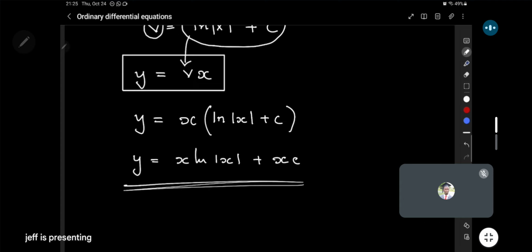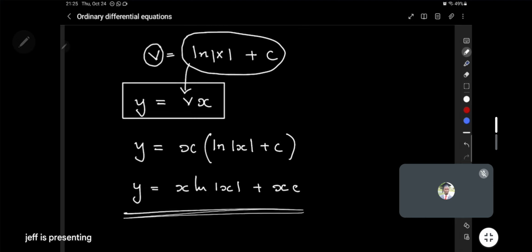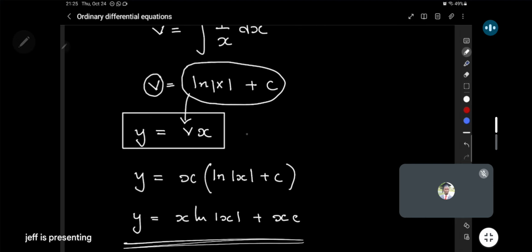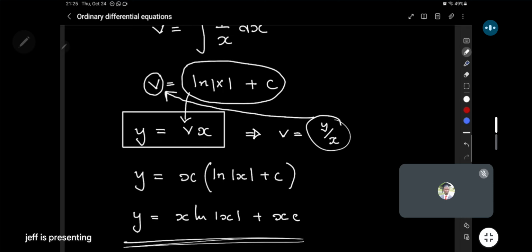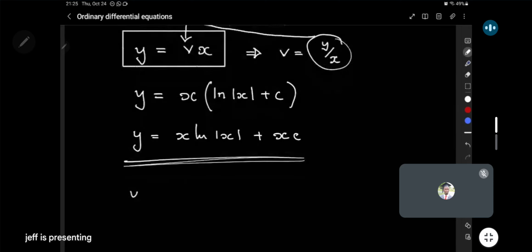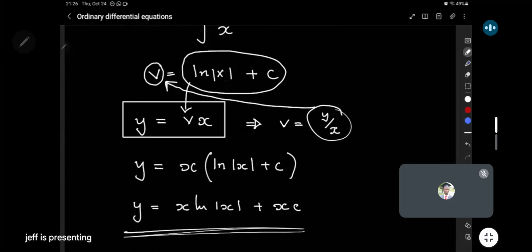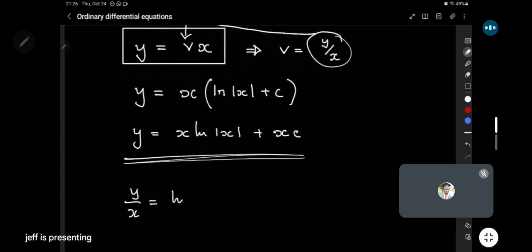We can present it this way. Or in some cases, you find that from here, v will be made the subject of the formula, so that v will be equal to y over x. Then get the y over x and substitute it where you have v, so that now you will have y over x equal to the solution for v, which was ln x plus c.